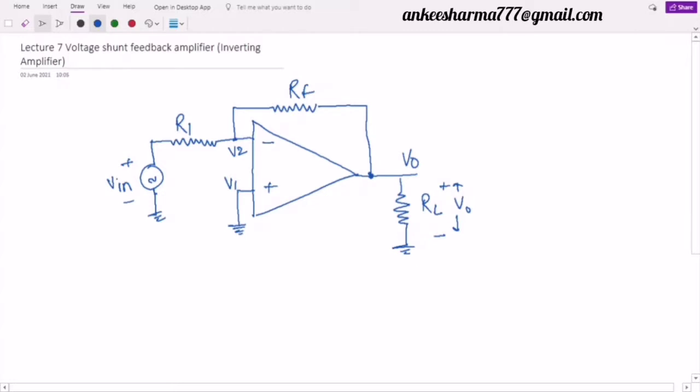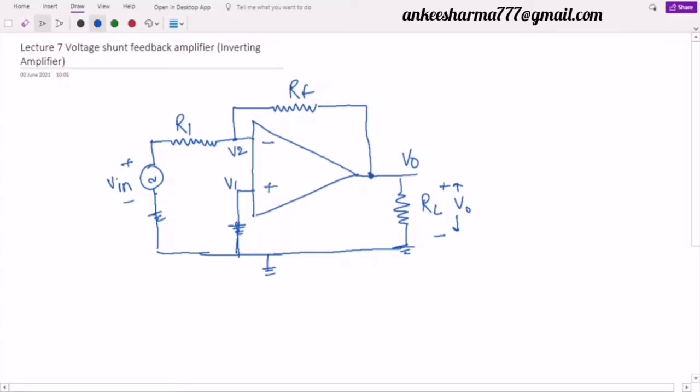If I have a common ground for these three, one is this ground, second is this one for this V1 also, and third is this one, they are all connected to a common ground. So this is one terminal and the other terminal is connected to V0. It means this input voltage and the output voltage V0 are connected in shunt, or in parallel, and similarly this voltage is sent back. It means it is a voltage shunt feedback configuration.